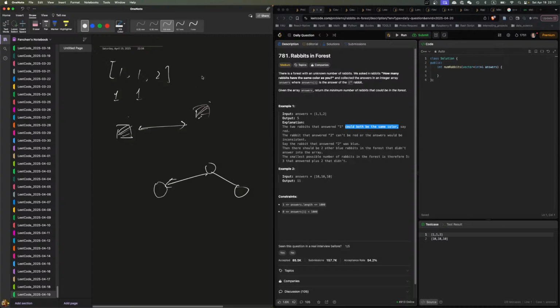And then we want to know what's the smallest number of nodes that can make up this graph. So for each one, if you say 1, that means you will connect to another node, right?